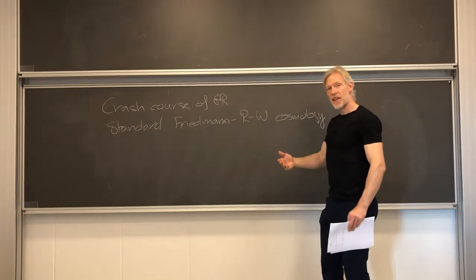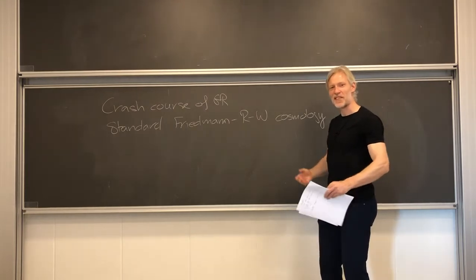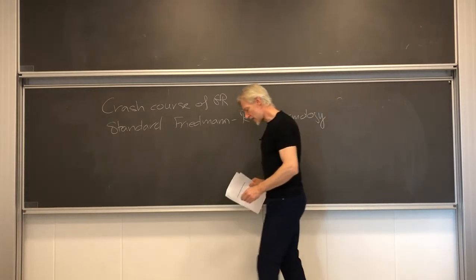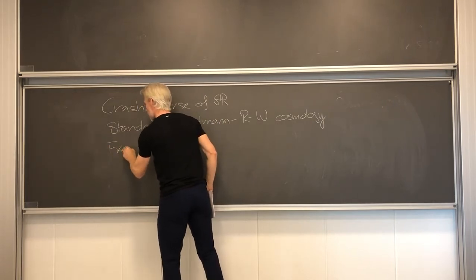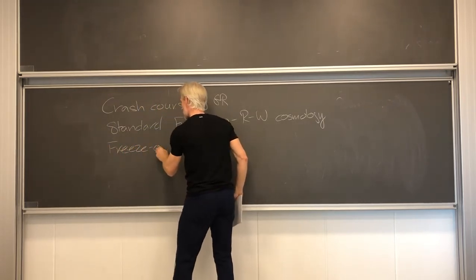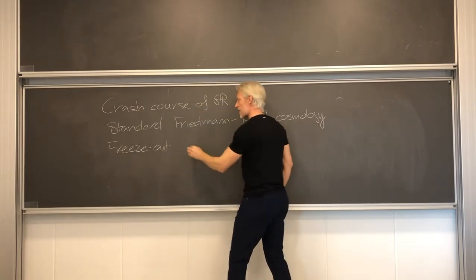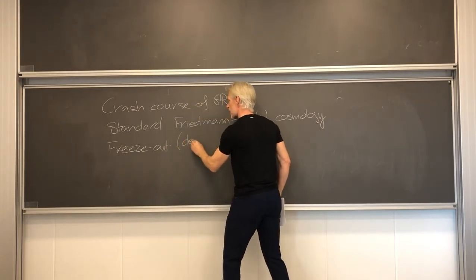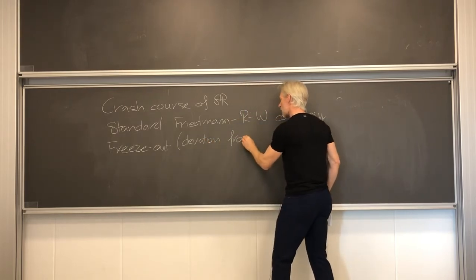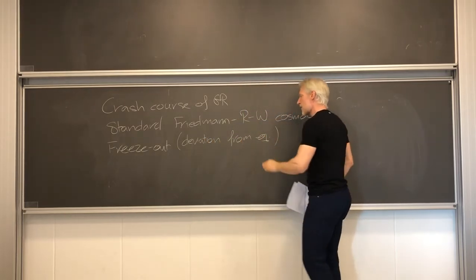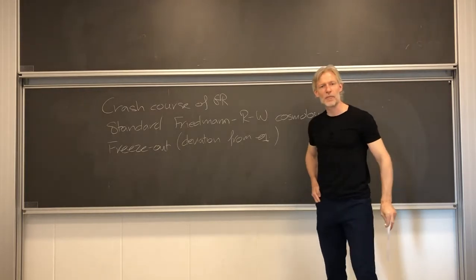And once we are through that, then all the interesting stuff happens. Then we can start to talk about what we could call freeze-out processes, which is really just deviations from thermal equilibrium in the universe.